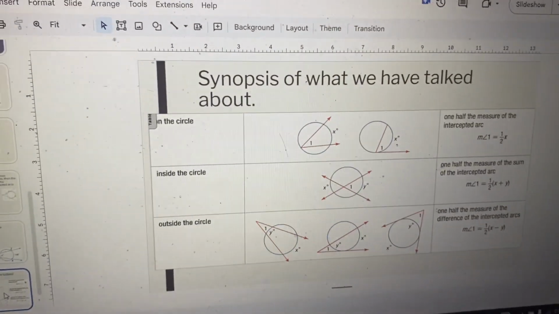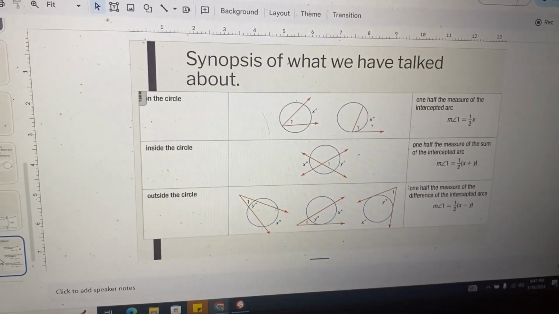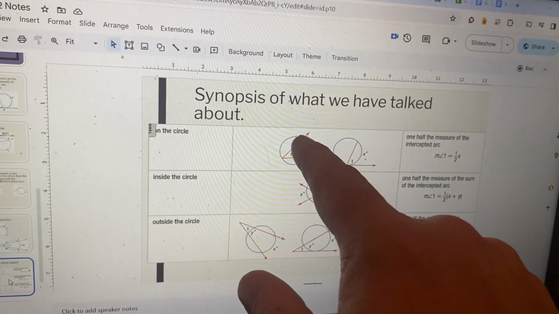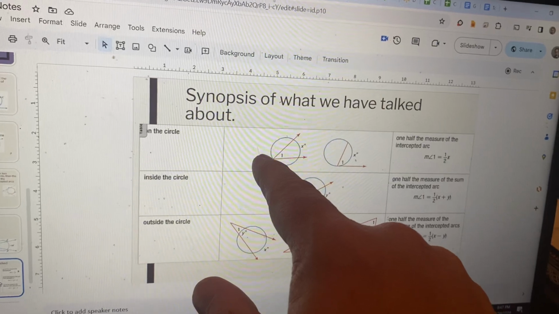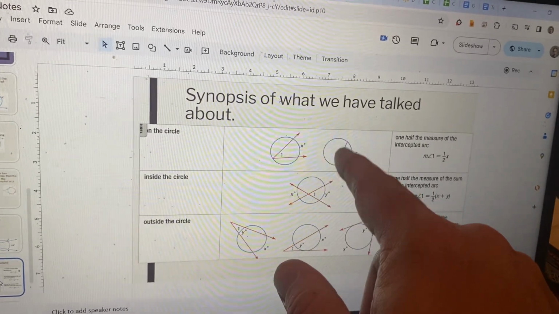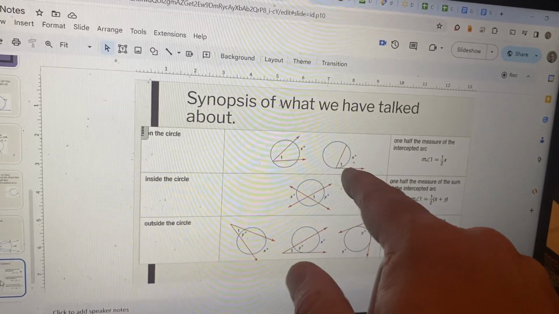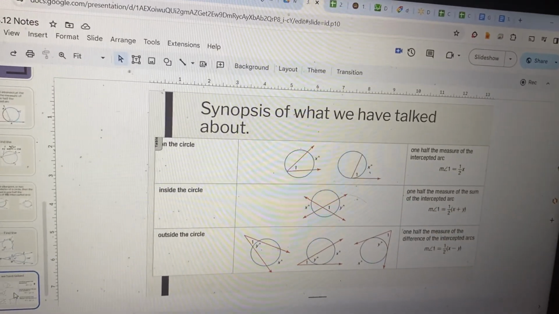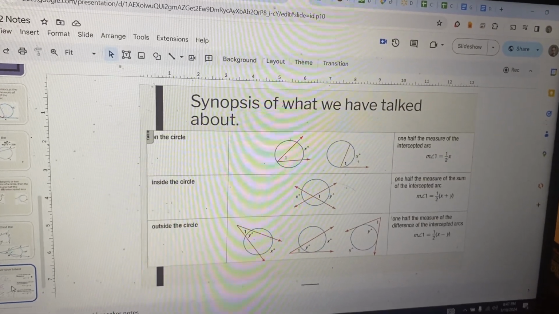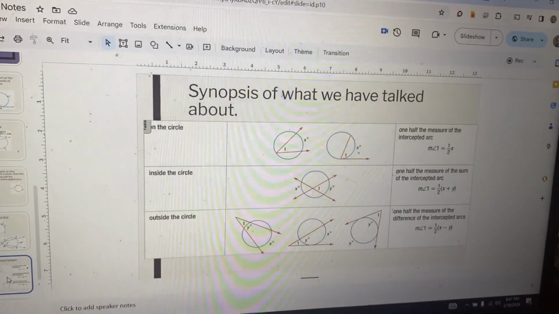All right. And this is a good cheat sheet for working on the Delta Math stuff that we're going to have today. If we have an intersection that's here, we have this inscribed angle, or the tangent and the chord that's like an inscribed angle, we take the arc and cut it in half, and that makes the angle.